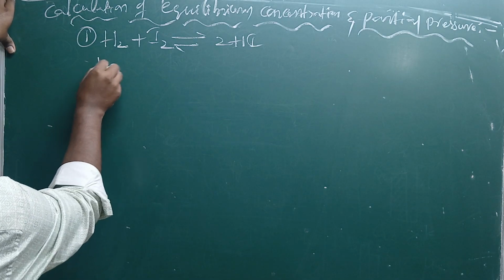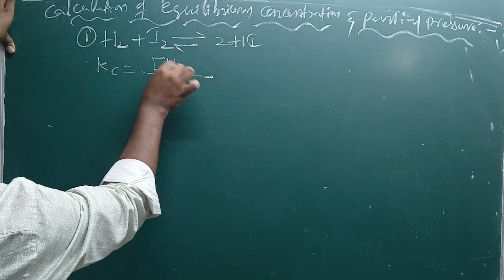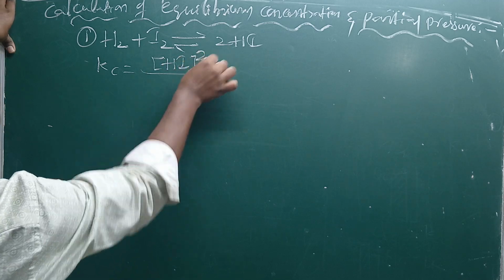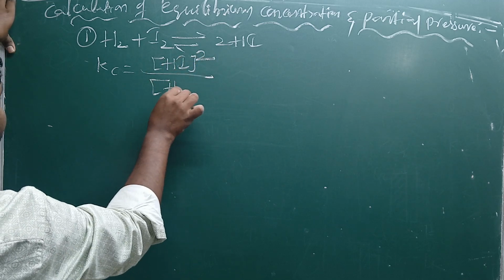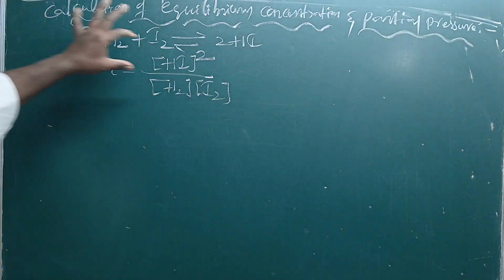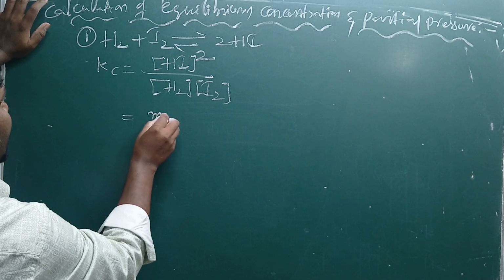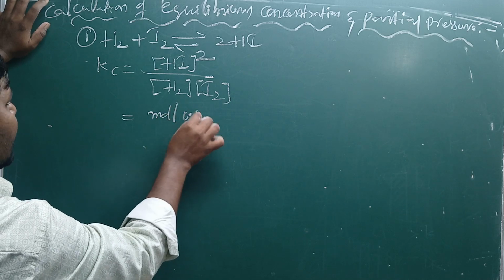Now, what is Kc here? It is the ratio between the product of concentrations of products and the product of concentrations of reactants. What are the units of concentration? Mole per liter.